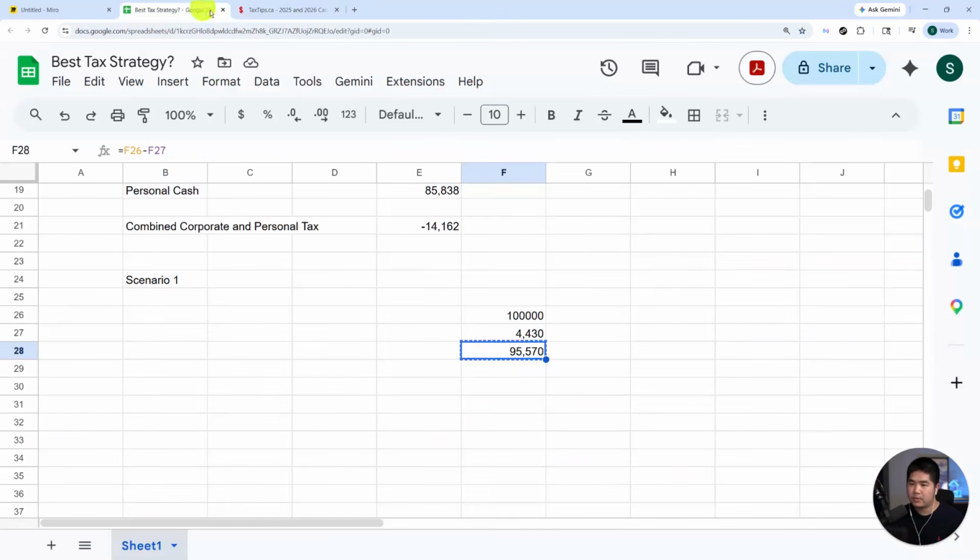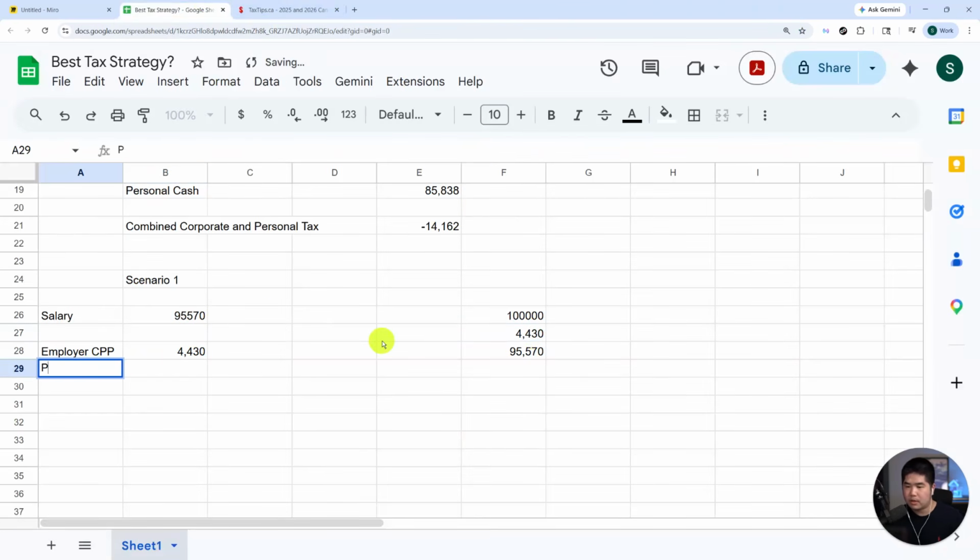So salary, 95570, and then you have corporate or employer CPP of this much, and then personal tax, and then employee CPP.